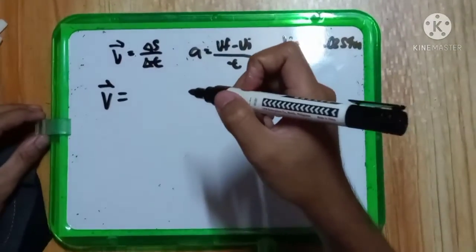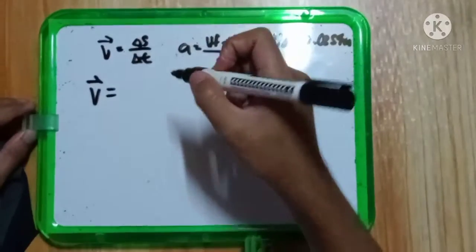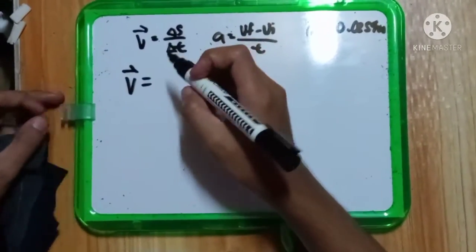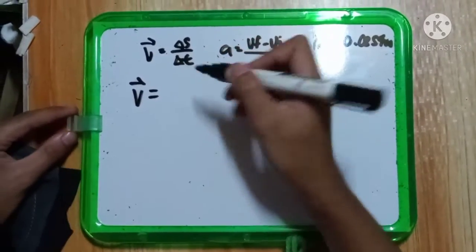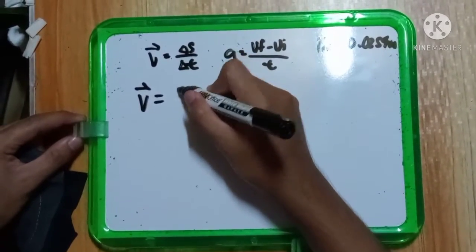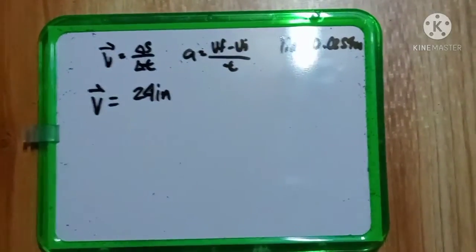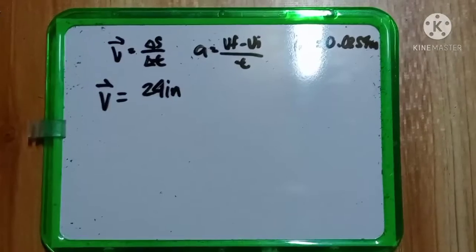So we have now the fourth strip. For the fourth strip, we have the displacement or the length, which is 24 inches. Let's convert 24 inches into meters.